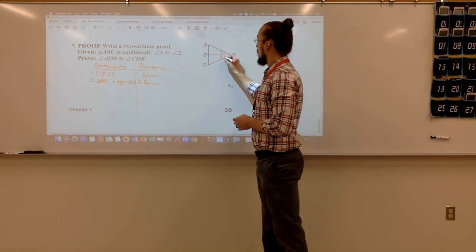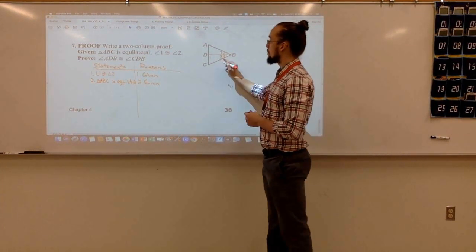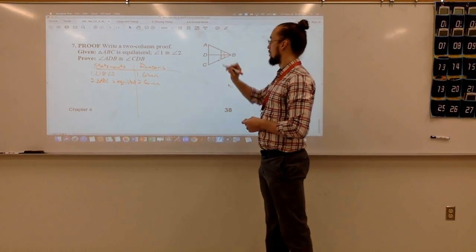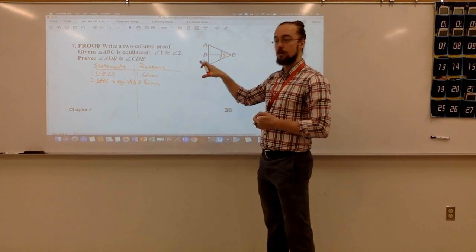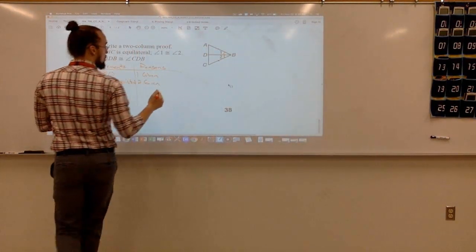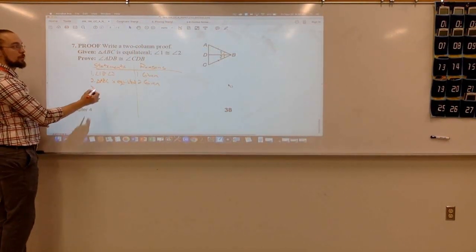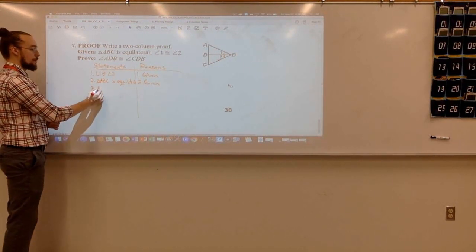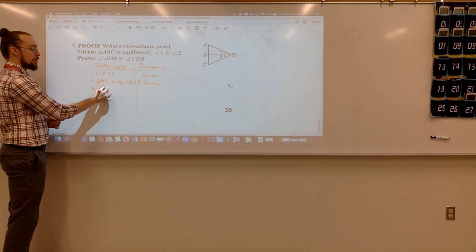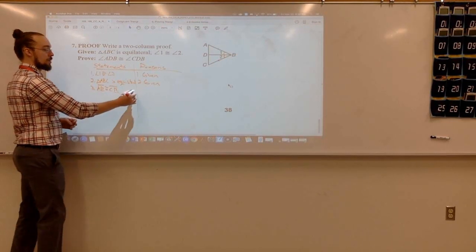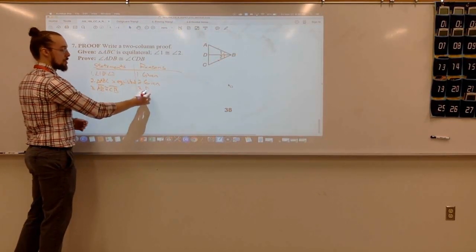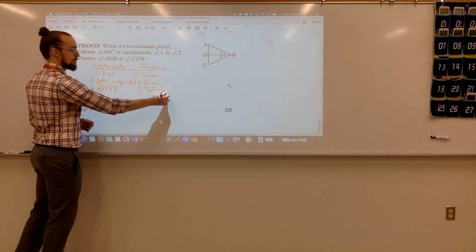Actually, the only ones we really need are these two, because those are the two full-length sides in the other triangles. So I'm just going to say that those two are congruent, AB and CB, but it would be true that AC is also congruent to those. Okay, so this is just the definition of equilateral.